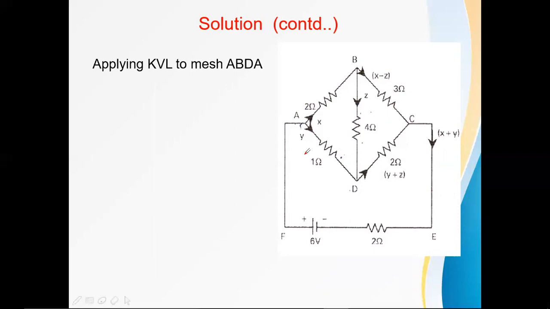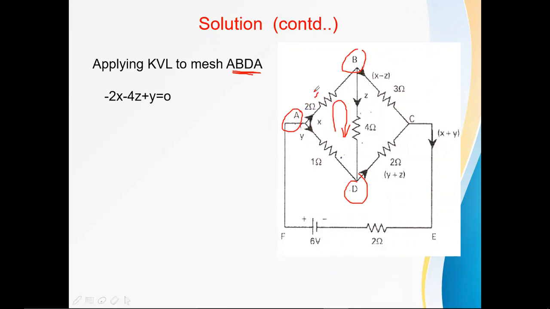Apply KVL to the mesh A, B, D, and A. You draw the loop like this. I am going to write the loop equation for this loop. I always follow the independent branches.